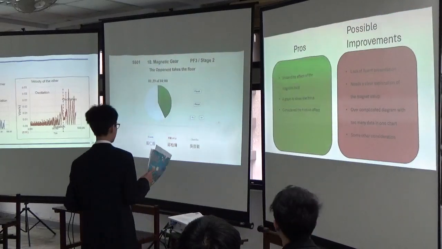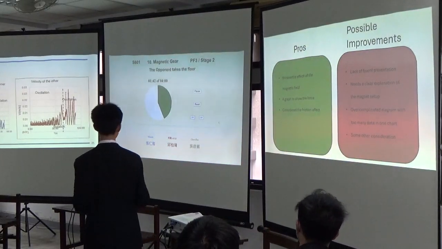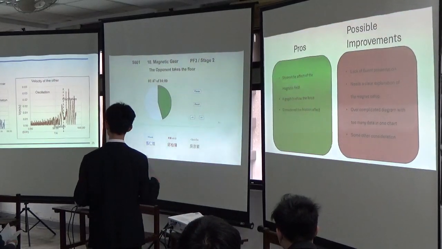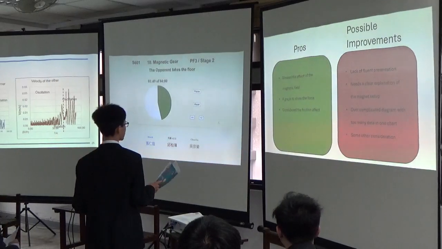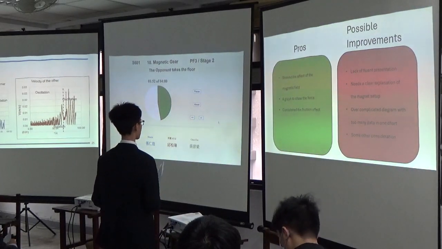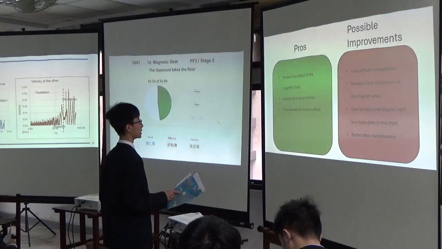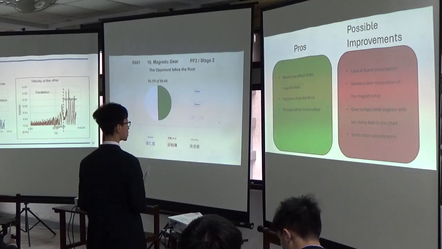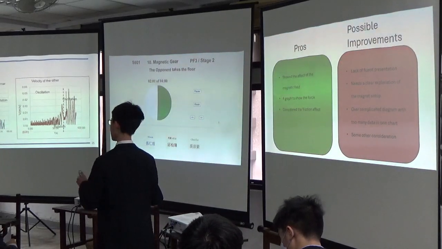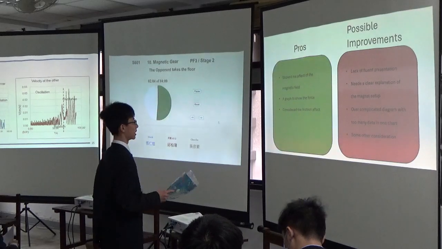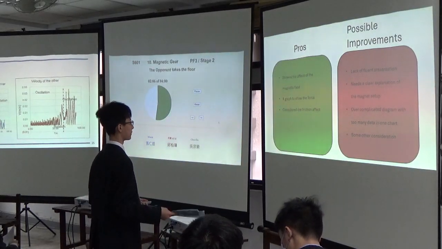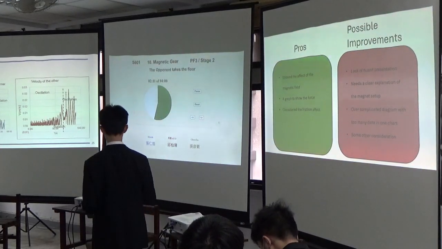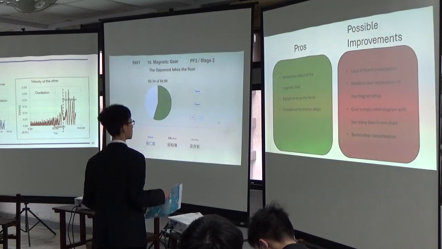The pros are that they show the effect of the magnetic field, and the graph to show the forces and energy, and considering the friction effect is great. And these are some improvements: the fluency of the presentation, a clearer explanation of the magnet setup, an overcomplicated diagram with too much data in one chart, and some other considerations about this phenomenon.